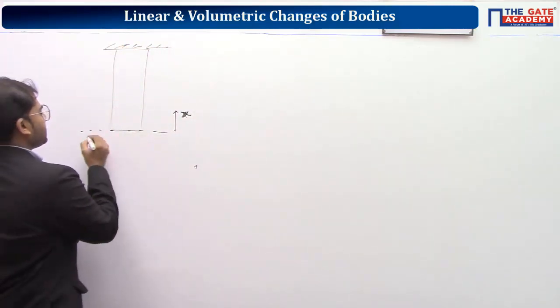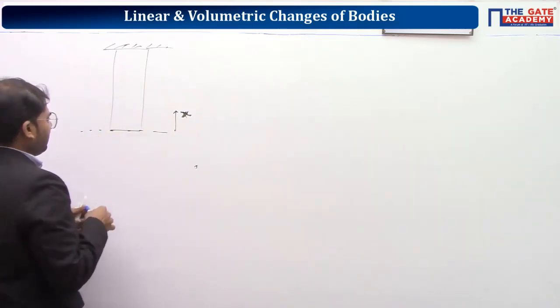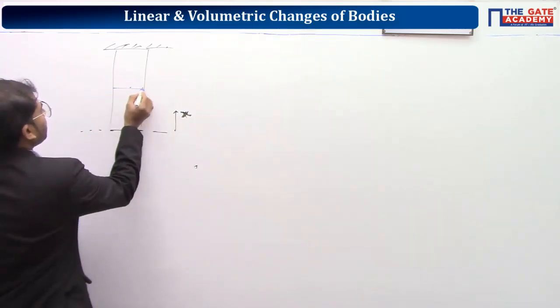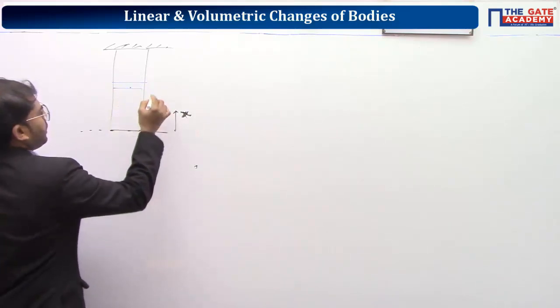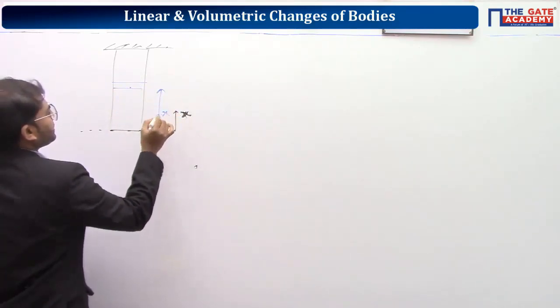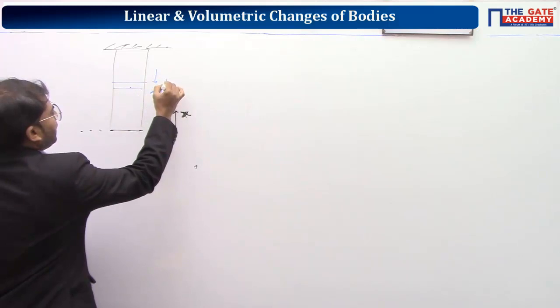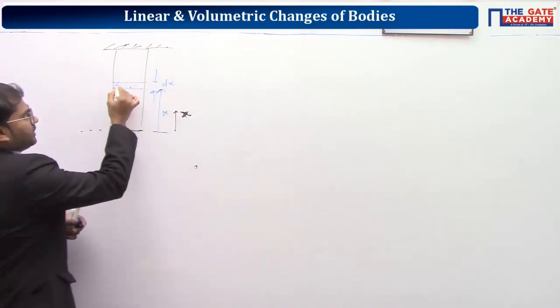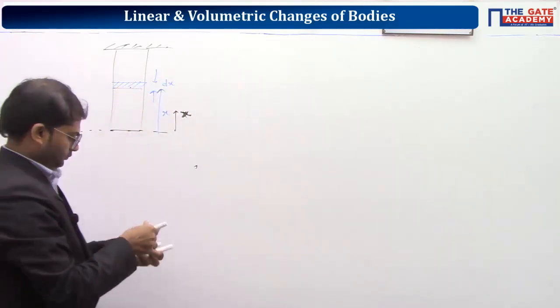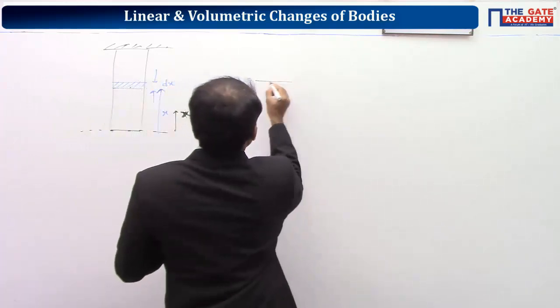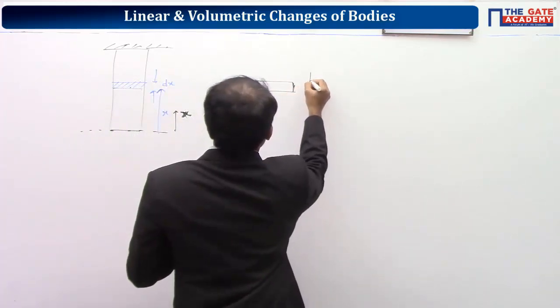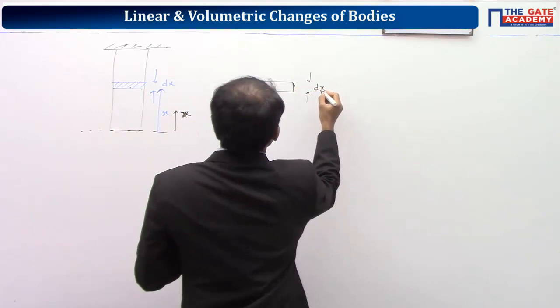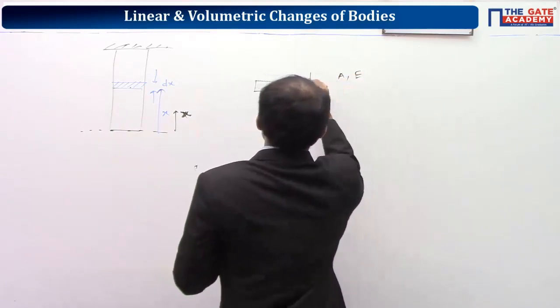From this origin, I am taking an element at a distance of x, and it is having a length dx. That element has length dx, area of cross section A, and Young's modulus E.